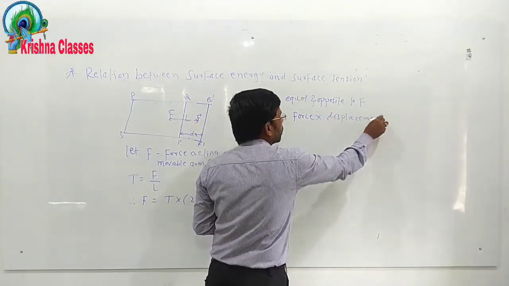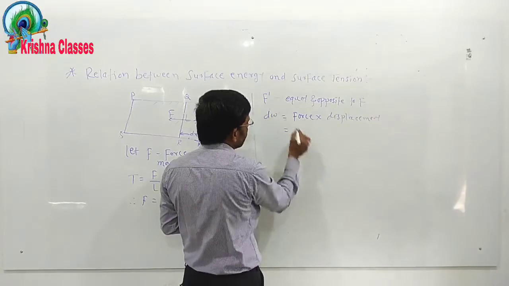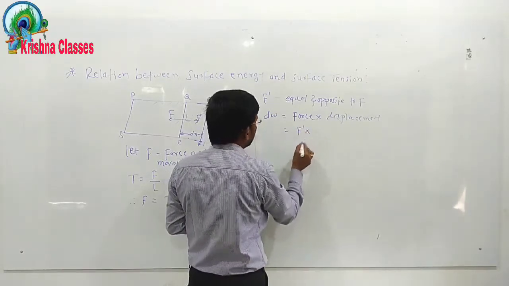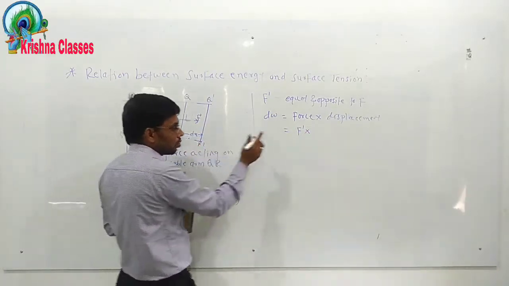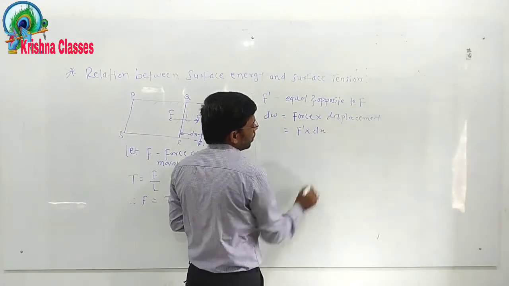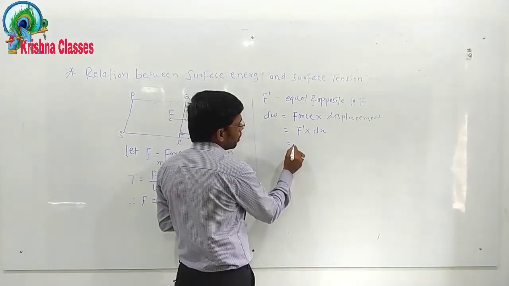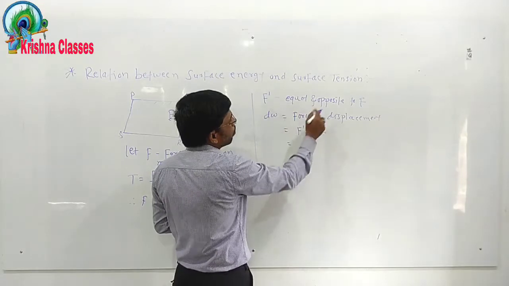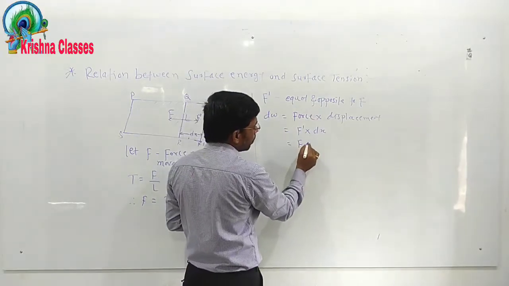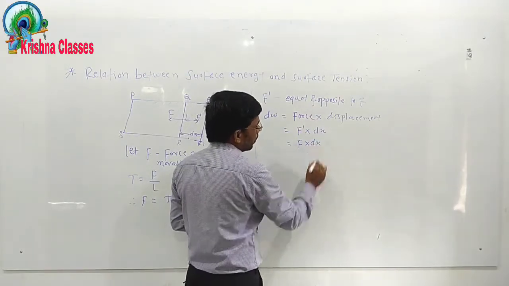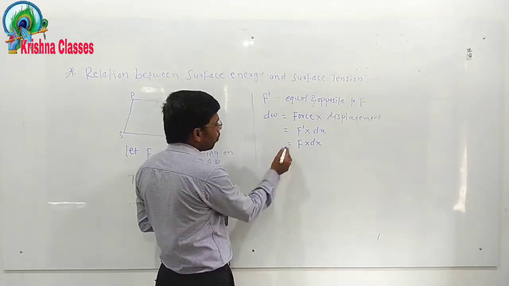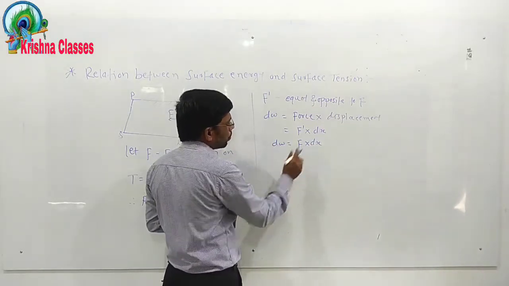So F dash into displacement dx. We know that F dash is equal and opposite to F, so we can simply put F into dx. Therefore dW is equal to F into dx.